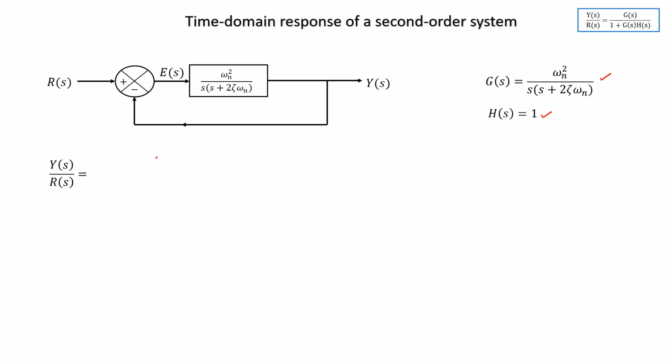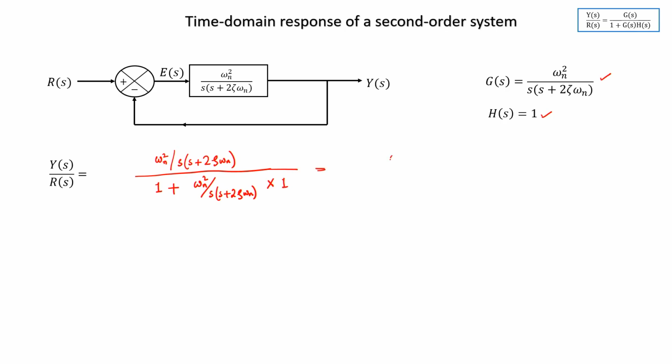It's quite easy. So what is GS? GS is given to you. So GS would be omega n square by S into S plus 2 zeta omega n, divided by 1 plus GH, or GS multiplied by HS is 1.